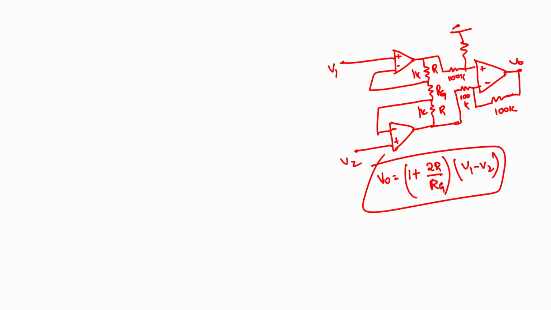Now, in this case we will design the same thing and see for different values of V1, V2. I will say this is VO1, this is VO2. What values of VO1 are we getting, what do we get for VO2 and what about V0? I will take Rg as 2K.